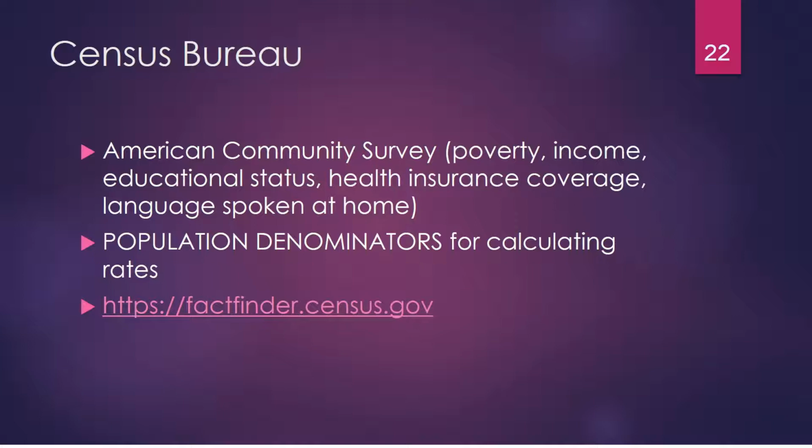Finally, the U.S. Census Bureau is a rich source of information on communities. The American Community Survey, or ACS, has become a go-to source for demographic characteristics. You can find all kinds of cool information for counties and census tracts, and in New Mexico we have ACS data for small areas too.